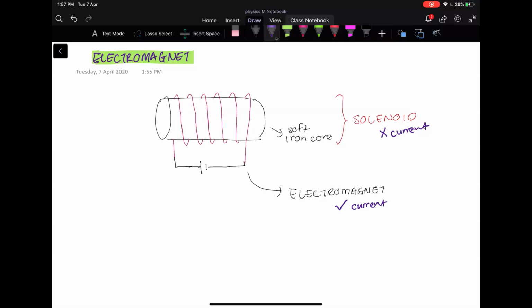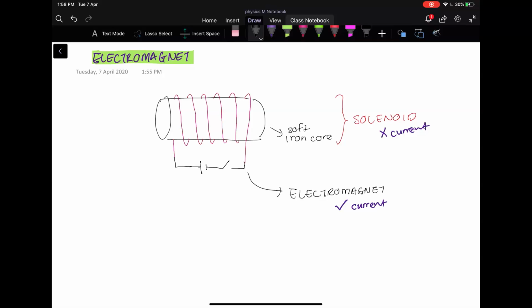Remember, in a magnet we have a north pole and a south pole, and there is a magnetic field surrounding it. To explain this better, let's look at this experiment, and I'm going to remove this wire a bit. I'm going to have it connected to a switch.